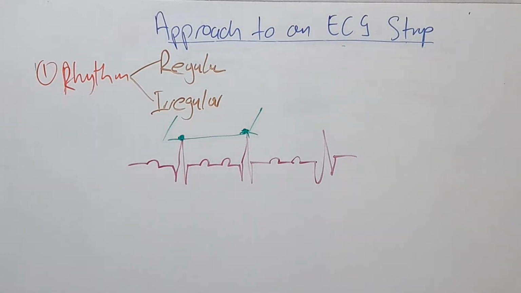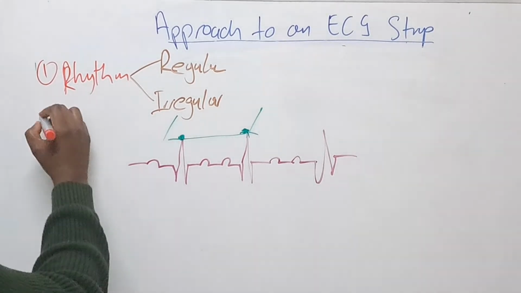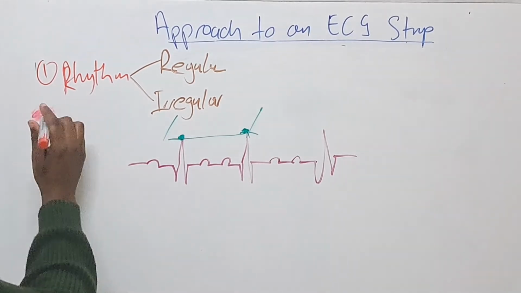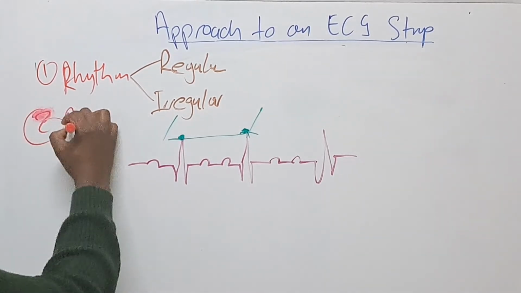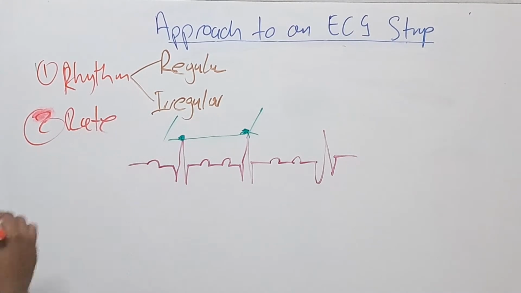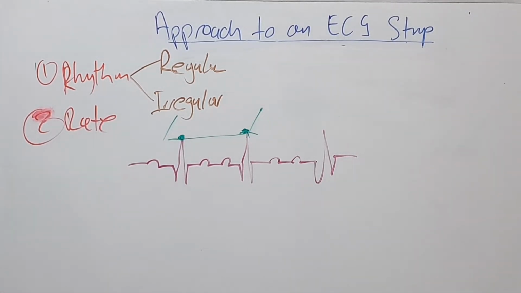So why is that important? It's important because the method you're going to use to calculate your rate depends on whether the rhythm is regular or irregular. In that other video, I did explain that.